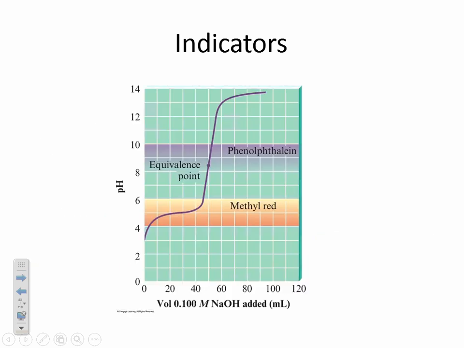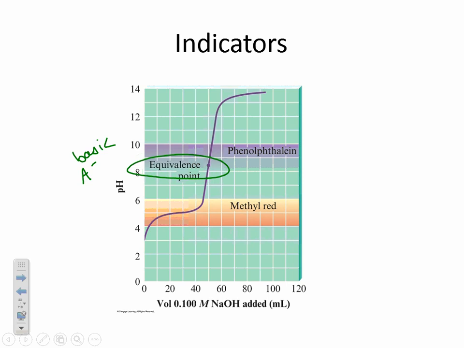And just to show you this, here we have a weak acid strong base titration. I know that it's a weak acid strong base titration because the equivalence point pH is basic, indicating the presence of A minus, a weak base, in the flask at the equivalence point. And we have two different indicators being shown here, phenolphthalein and methyl red.